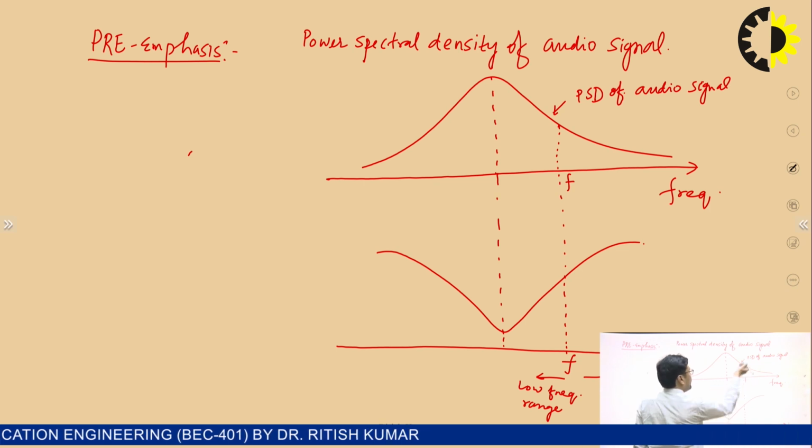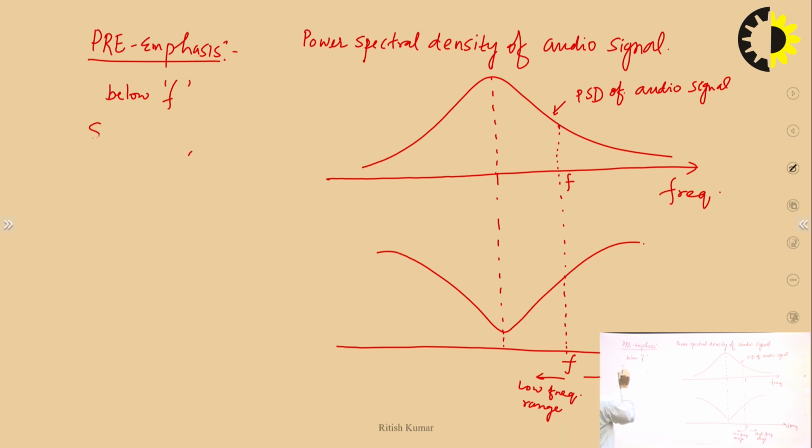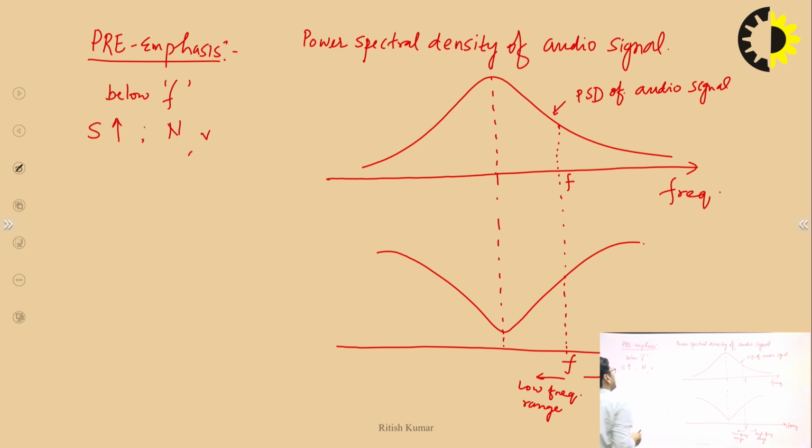Below f, the signal strength is more, while the noise strength is low.